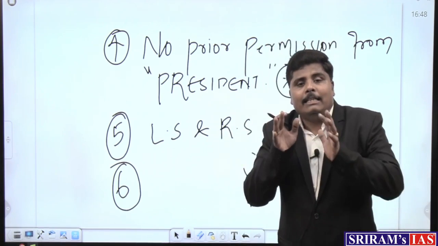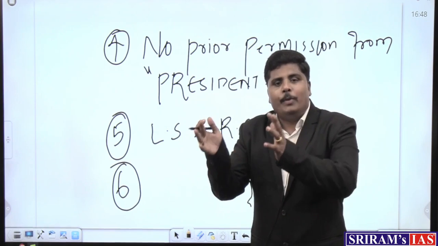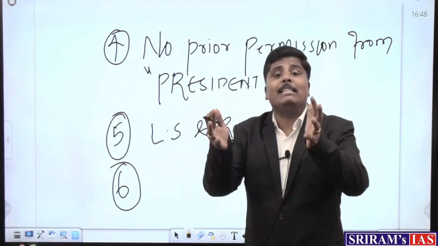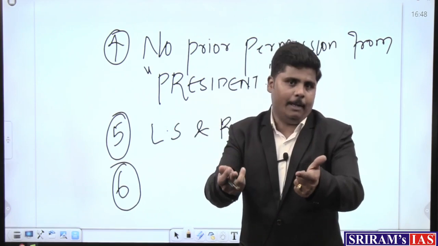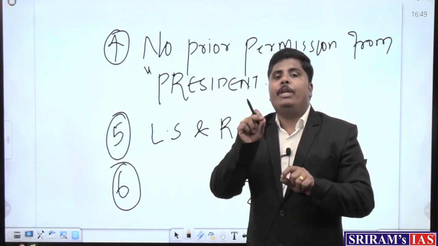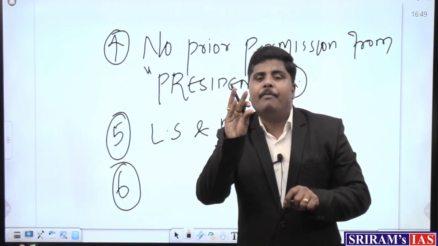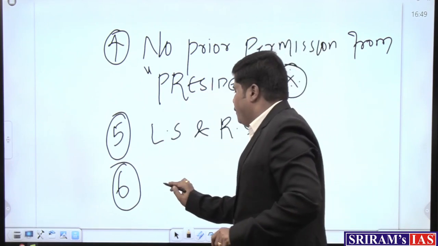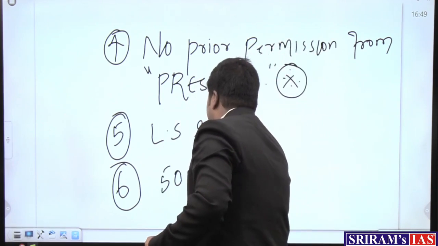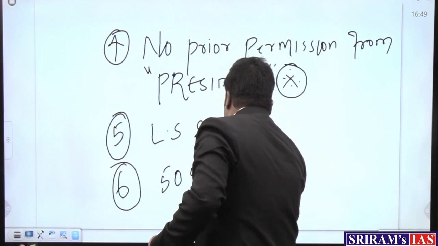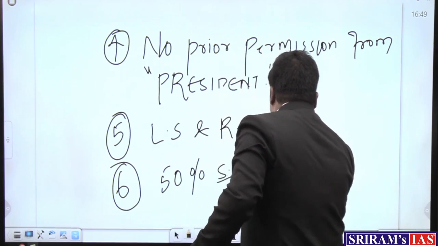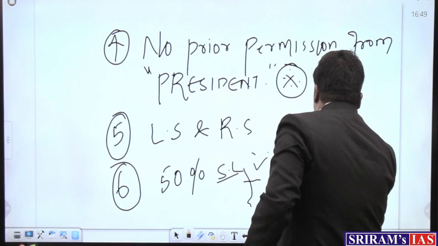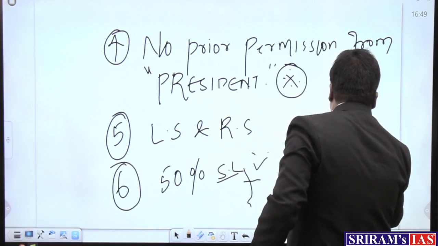So when certain types of bills are there which affect the federal structure of the constitution, at that time you need to get permission from 50% of states in case of India. So 50% of state legislatures must give the consent if the bill is affecting the federal structure.